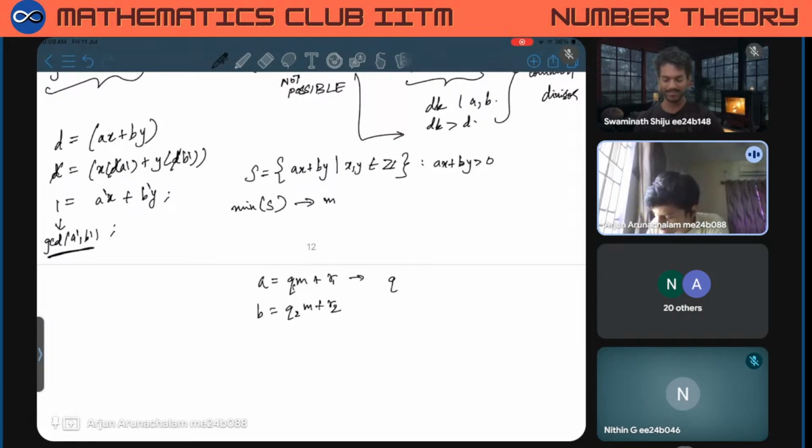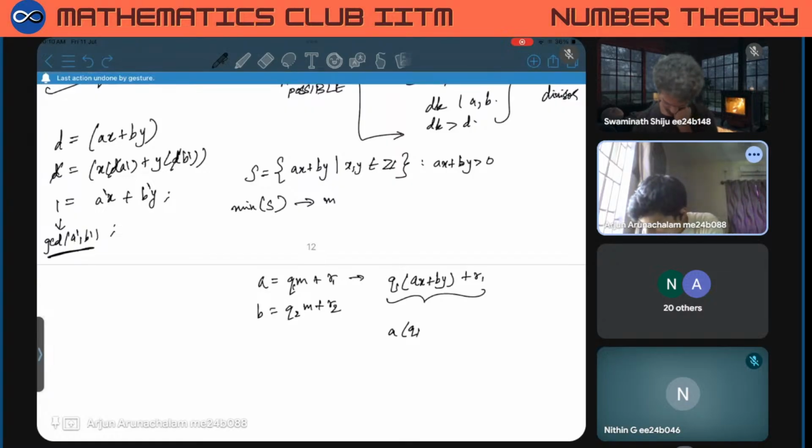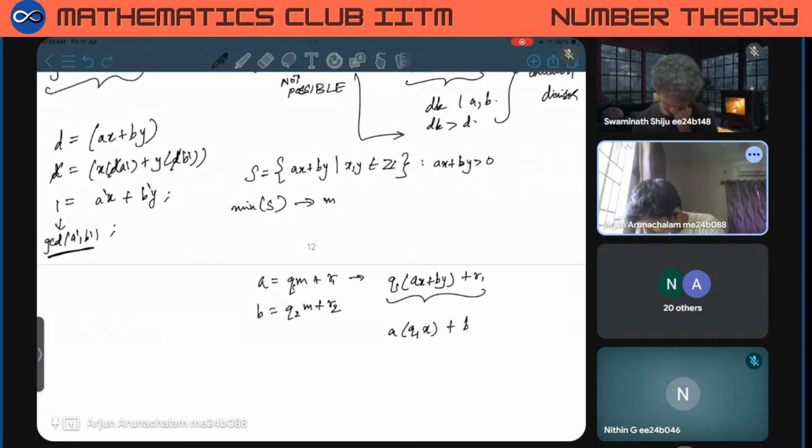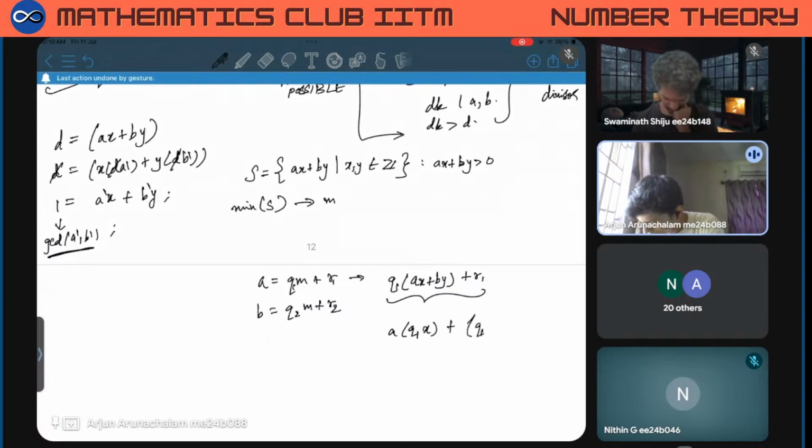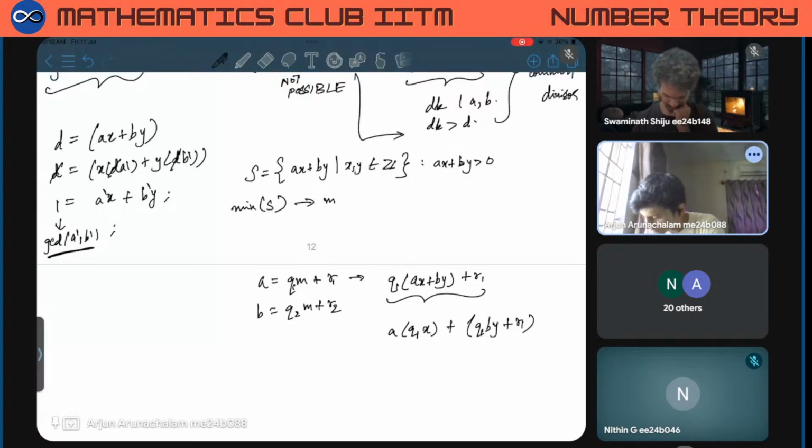So you get q1 times ax plus by plus r1, which you can write as a times q1x plus q1 by plus r1. So now basically you need to prove that this is kind of a multiple of a.